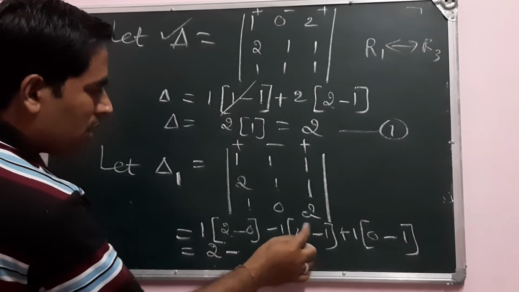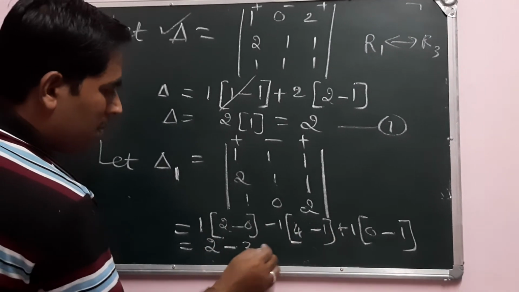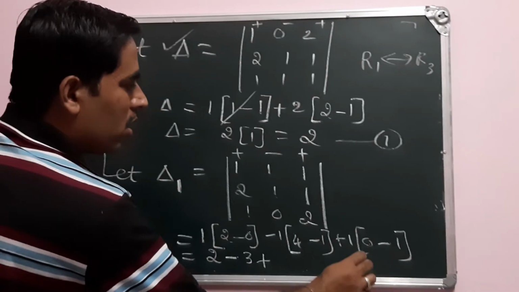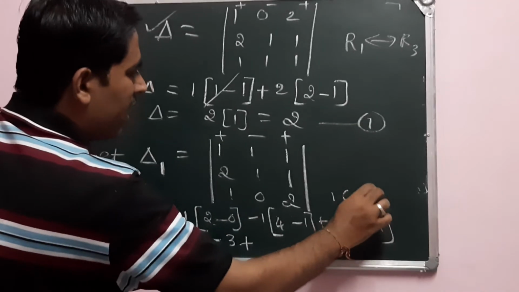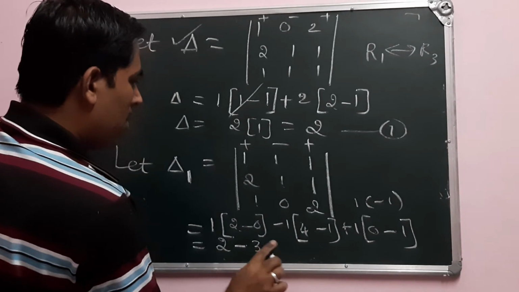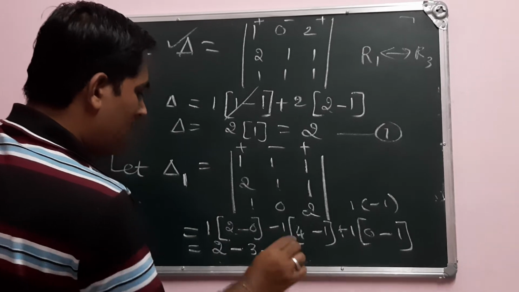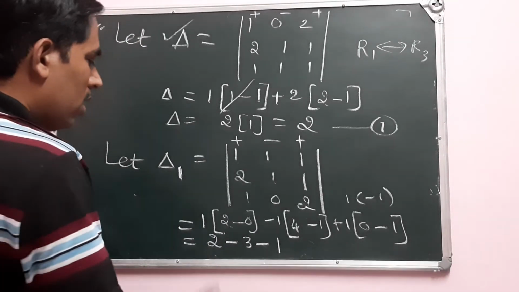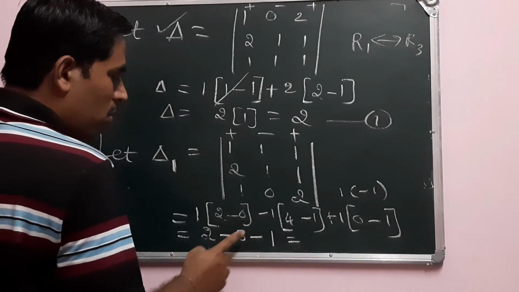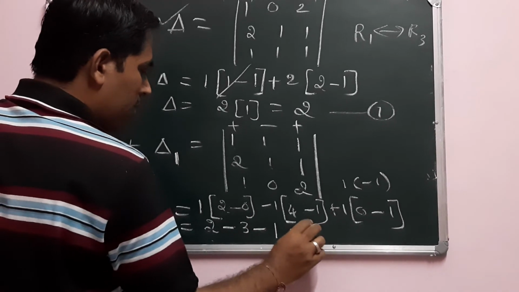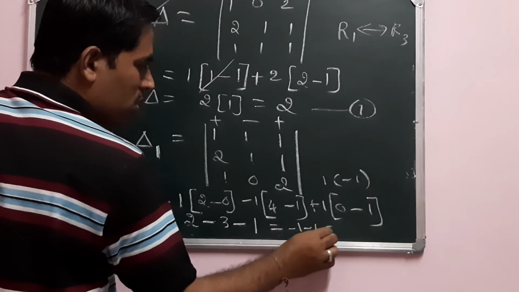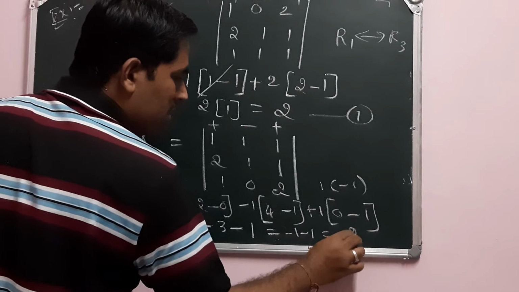So minus 3 into 1, that will be 3. Then plus 1 into 0 minus 1, that will be 1 into minus 1. 0 minus 1 is minus 1. Then plus into minus will be minus, so I should write minus here, minus 1. So 2 minus 3 minus 1. 2 minus 3 is minus 1. So minus 1 minus 1. This is minus 2.